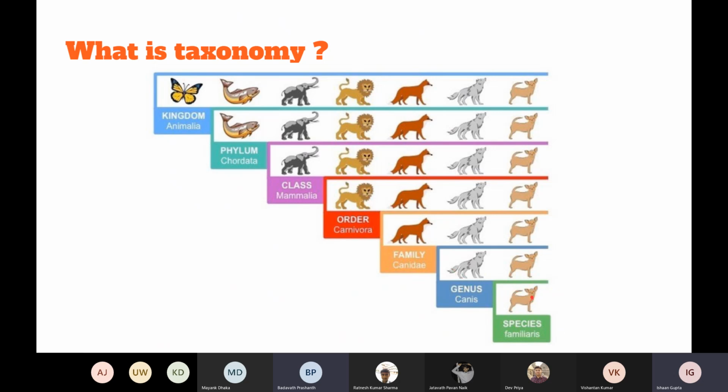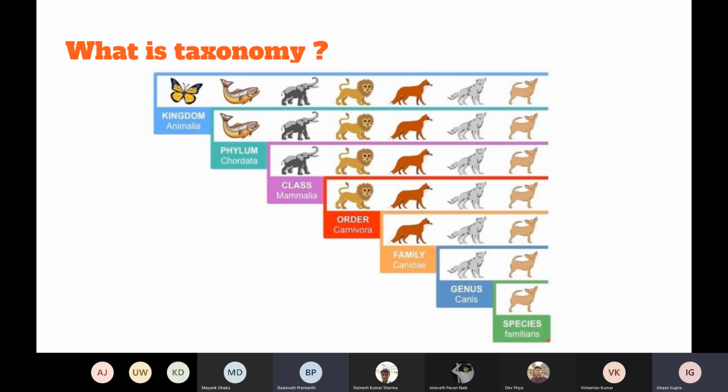specifically this kind of dog. A dog would be from kingdom Animalia. It would be from phylum Chordata. It would be a mammal. It's a carnivore. The family is Canidae, the family of all kinds of dogs. From the family of dogs and wolves, Canidae, you have Canis, which is the specific genus of dogs.